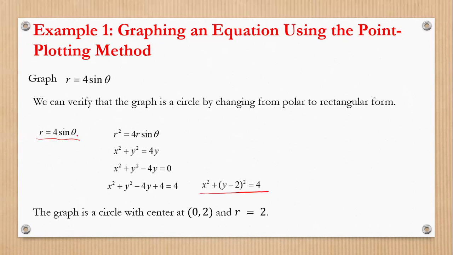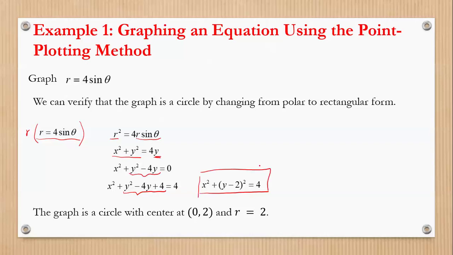So to get that, we need to multiply the whole equation by r. So r times r is r squared, r times 4 sine is 4r sine, and we know that r squared is always x squared plus y squared, r sine theta is always y, and then if we bring everything to one side and make a complete square from these two by adding 4 to both sides, we get this equation.